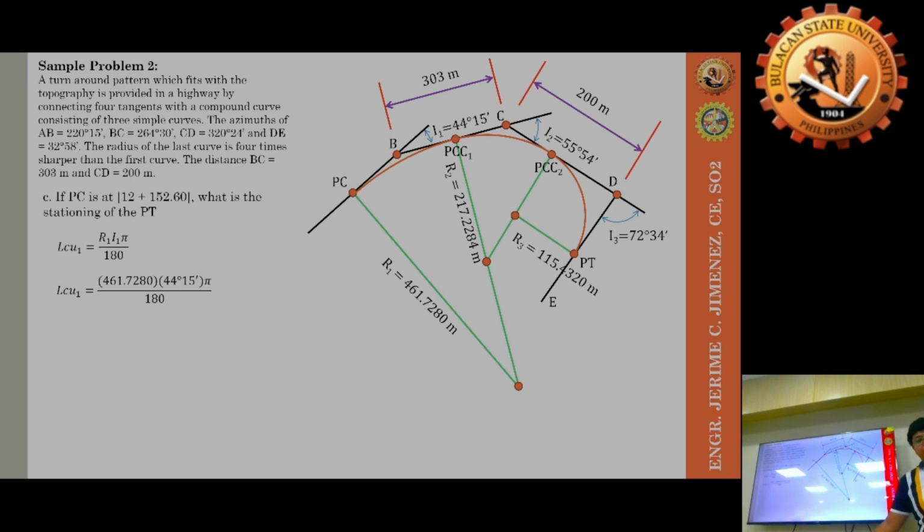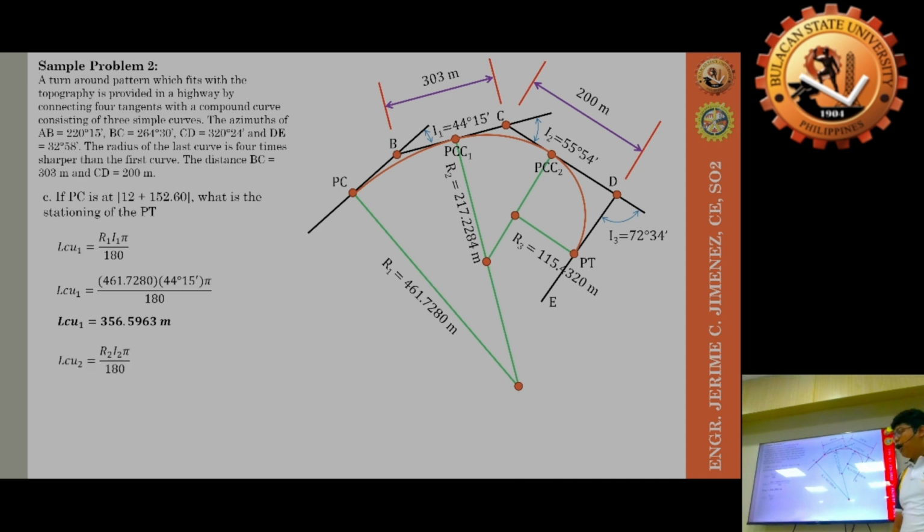That's 461.7280 multiplied by 44 degrees 15 minutes multiplied by pi over 180. That is 356.5963 meters.